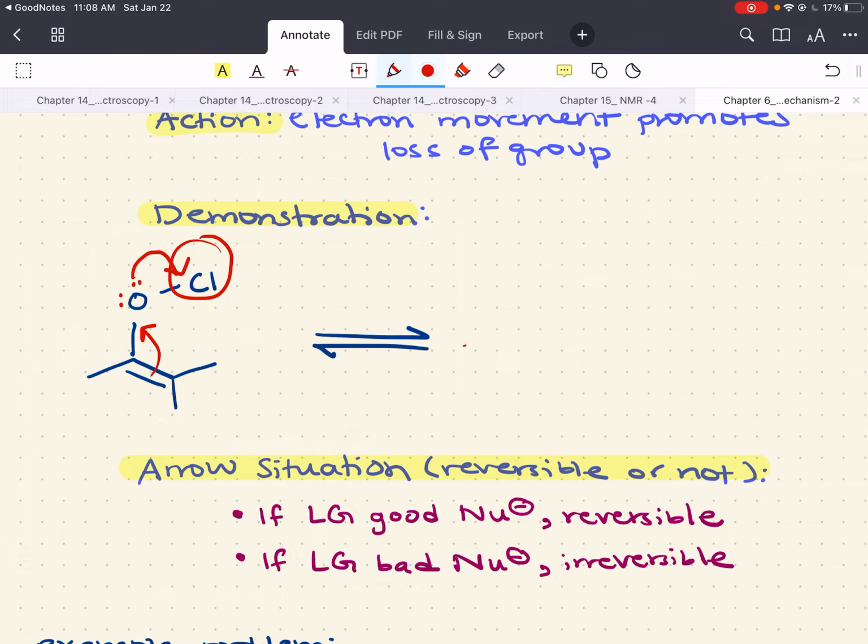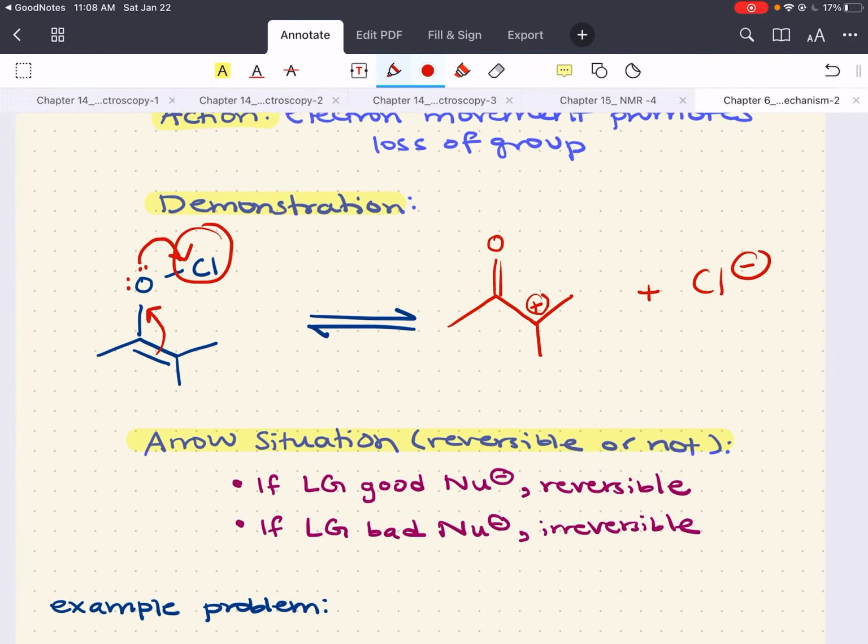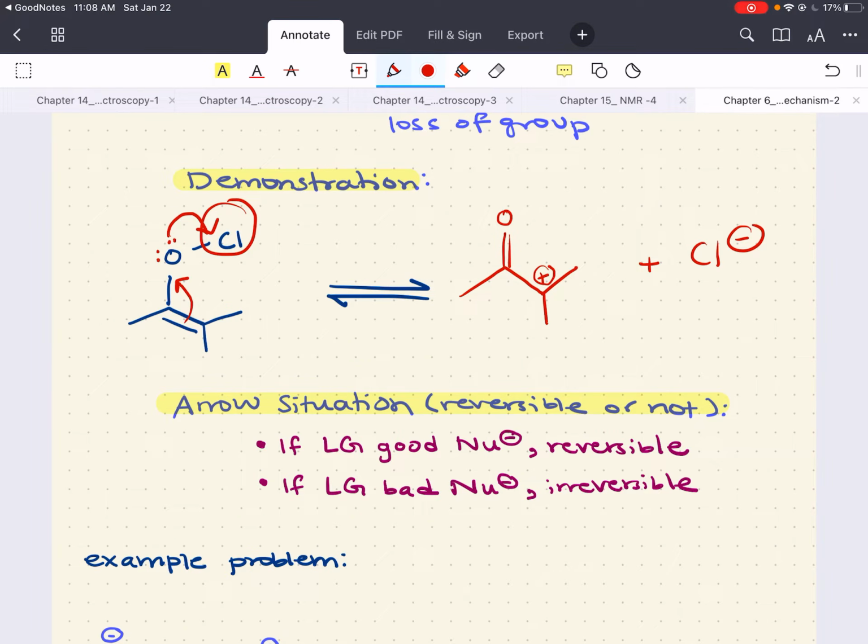What we get is something that looks like this, with our positive charge here, and our chlorine group has left. If the leaving group is a good nucleophile, this is a reversible reaction. If our leaving group is a bad nucleophile, it's an irreversible reaction.